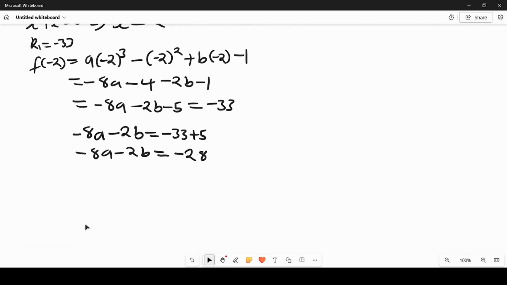Then we can simplify further by dividing throughout by negative 2. You get 4a plus b equal to 14. Name this as your equation number 1.